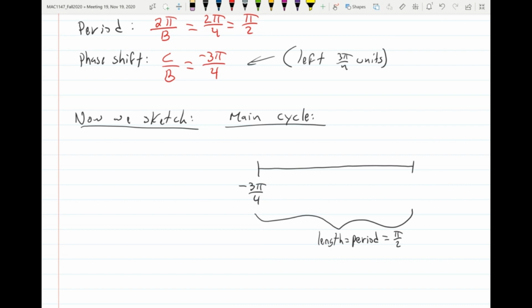What is that? Anybody? So this is going to be negative 3 pi over 4 plus pi over 2. What is that number?